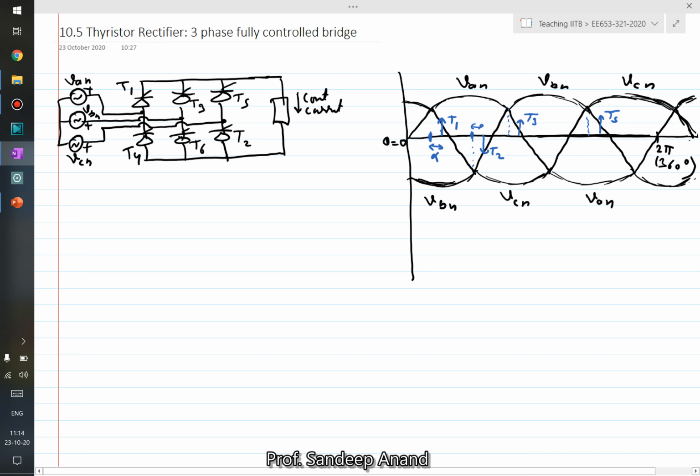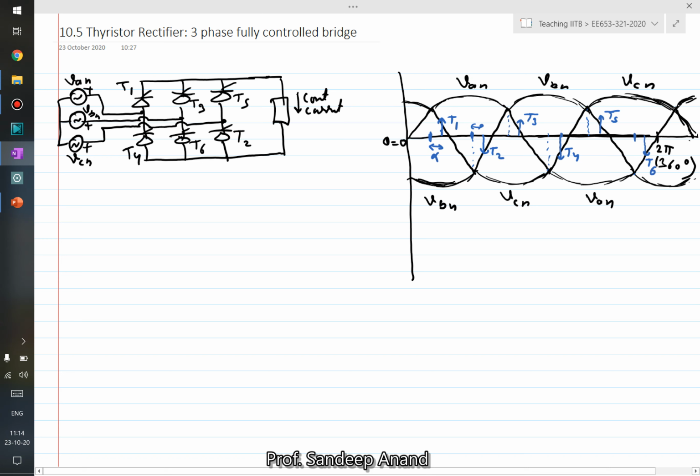What about T4? Now T4 is connected to phase A. So whenever phase A becomes most negative, alpha after that is T4. And what about T6? It's connected to phase B. So whenever phase B becomes most negative, at an angle alpha after that, T6.